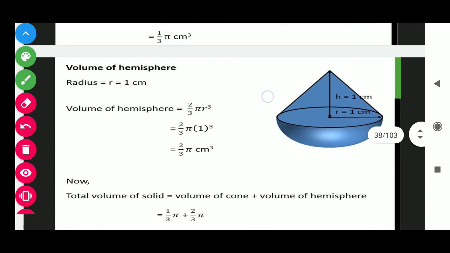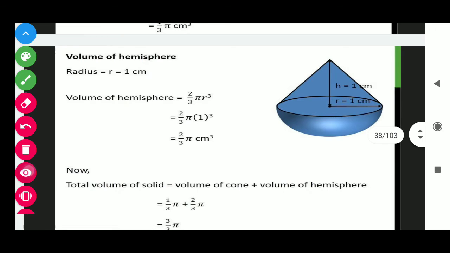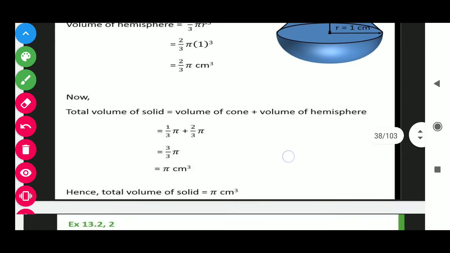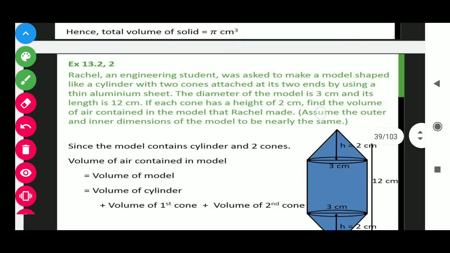Now the volume of the hemisphere is 2/3 pi r cube, and we put the value of r as 1, we get 2 pi/3 cubic centimeter. So the total volume of the solid is the volume of the cone plus the volume of the hemisphere. After that, by taking the LCM, we get the answer pi cubic centimeter. Hence the total volume of the solid is pi cubic centimeter.